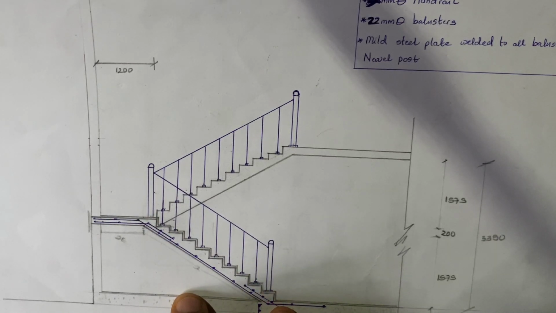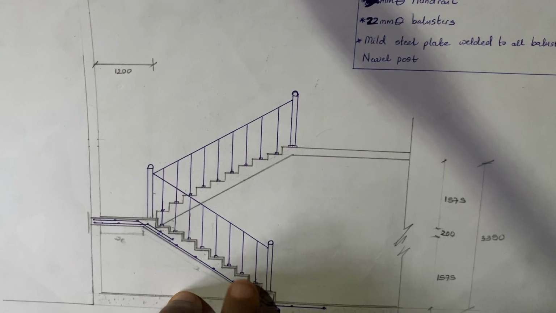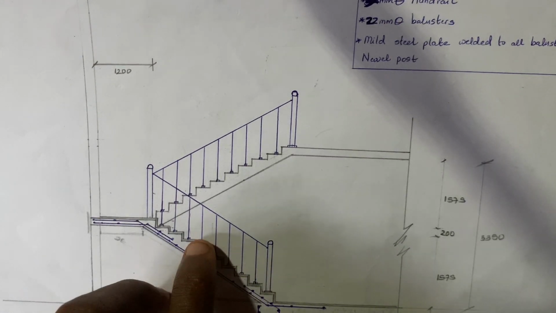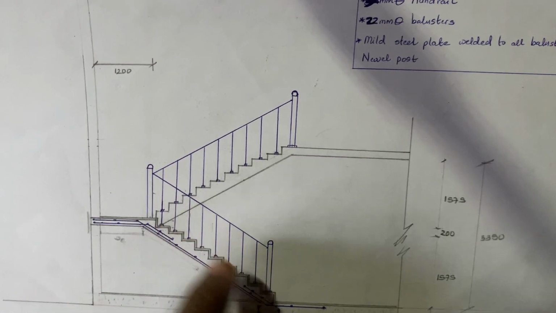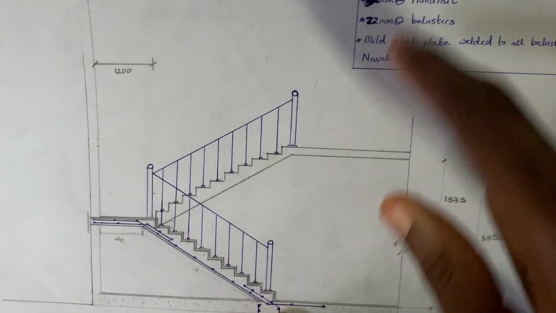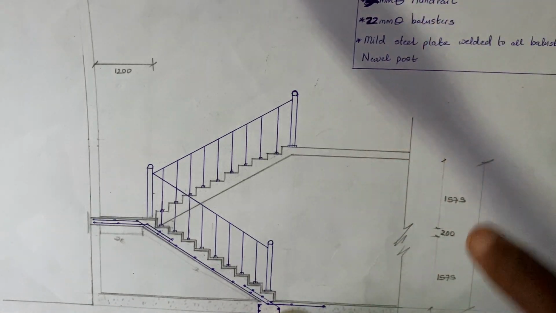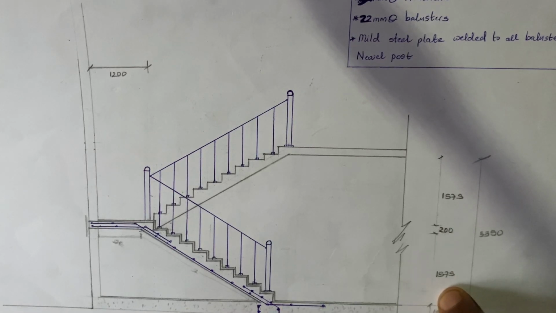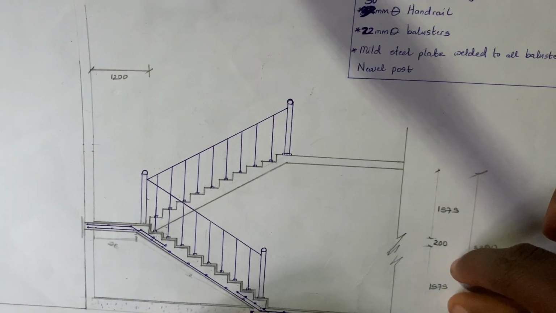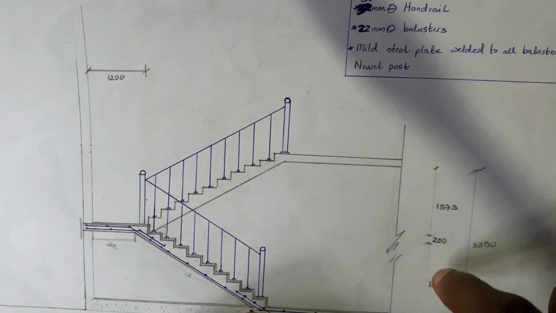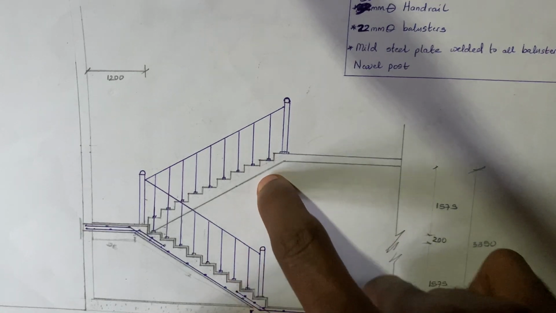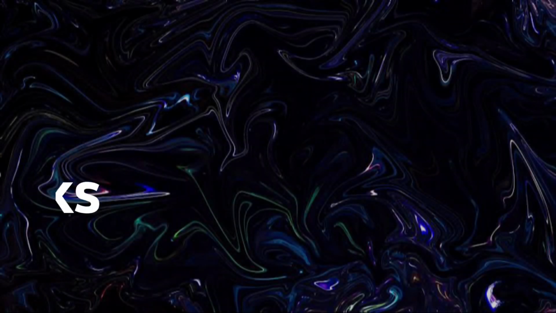So our risers now will be 1 2 3 4 5 6 7 8 9. If we multiply 9 by the dimension of our risers, which is 175, it will give you 1575. That is how we got our 1575, and similarly for the second flight.